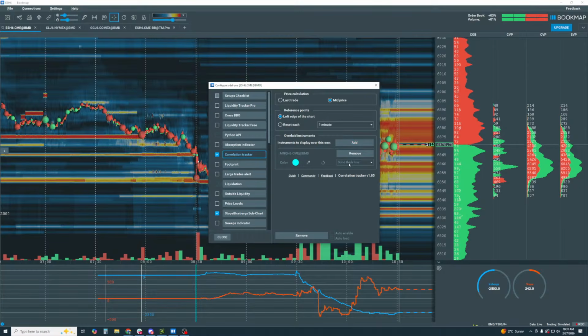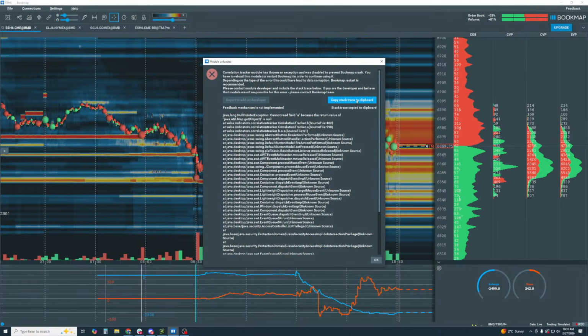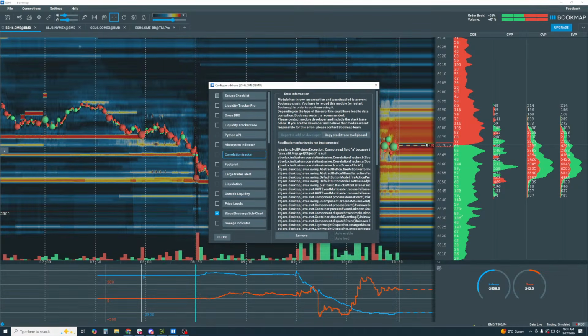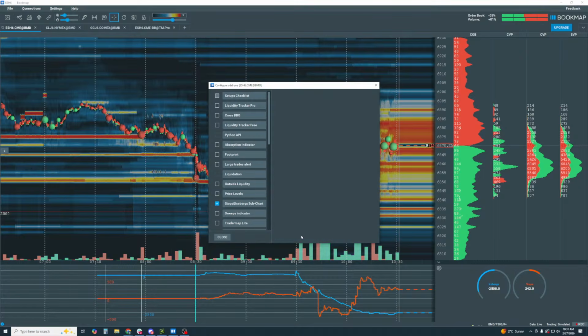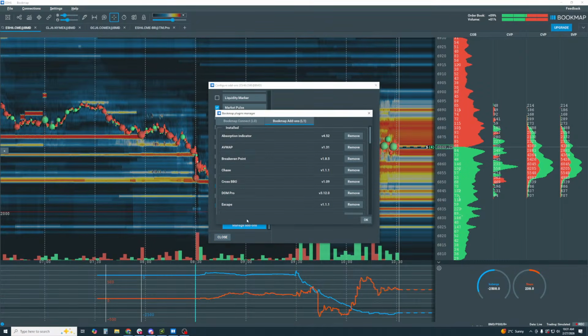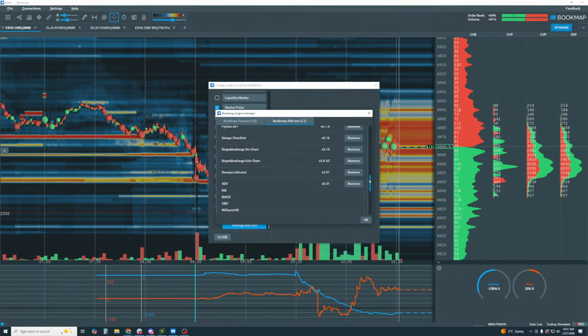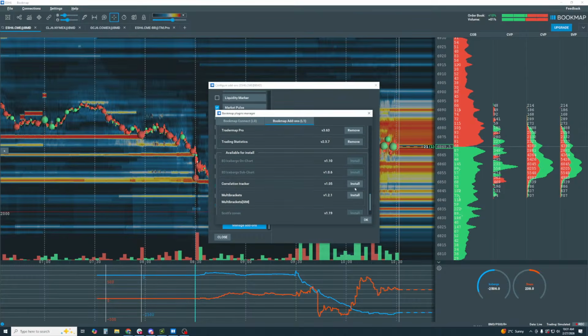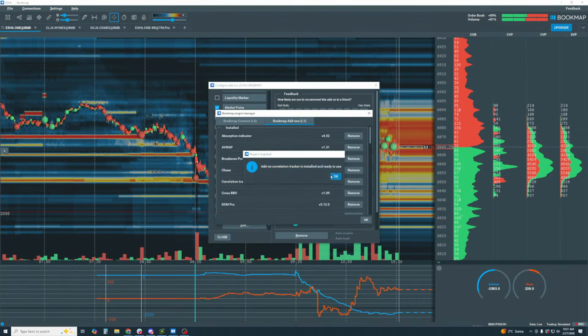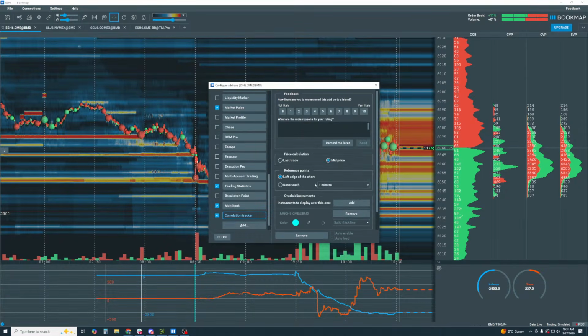Okay, and then let's remove this, and we'll add in, oops, kind of an error there. Okay, it's weird. All right, I'm just going to remove that. I'm going to go to my add-ons manager, add it back in. Okay, there we go.